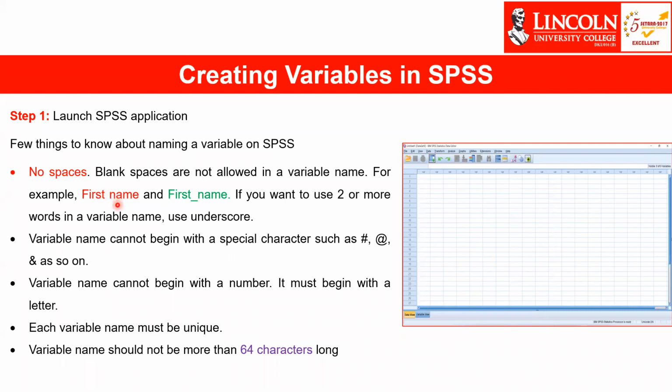So if you want to join two words together to form a variable name, you can use an underscore, something like this. Okay, you can use an underscore.